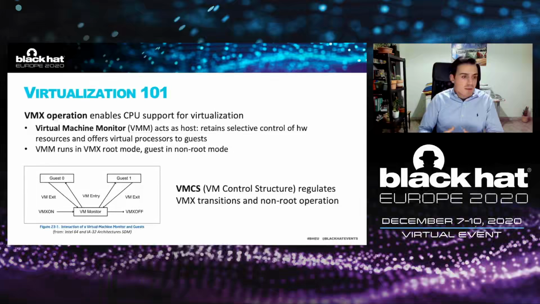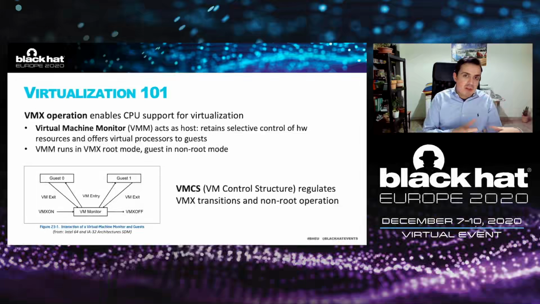To understand these discrepancies, let's talk a little bit about how virtualization works under the hood. So the CPU offers assistance to hypervisors for virtualization. There is the VMX operation of the CPU. So there is a VMX root mode. It's the high privilege mode.